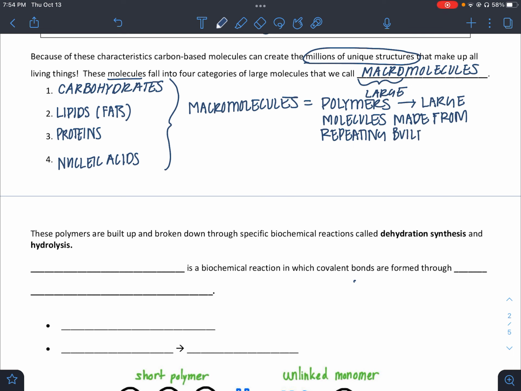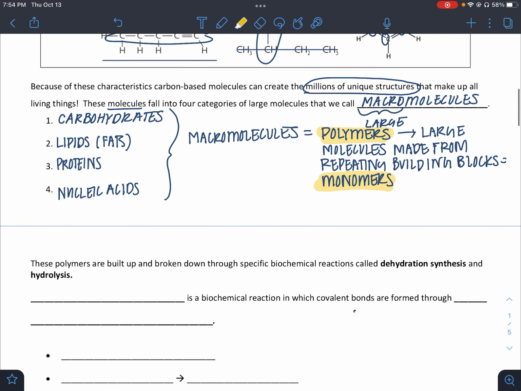Those building blocks are called monomers. So all of our macromolecules are examples of polymers. Poly means many, and that just means they're made up of many building blocks that we call monomers.